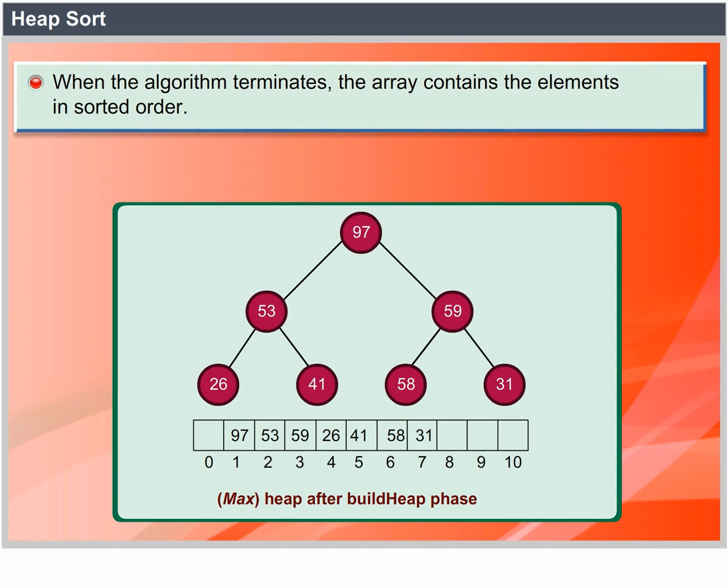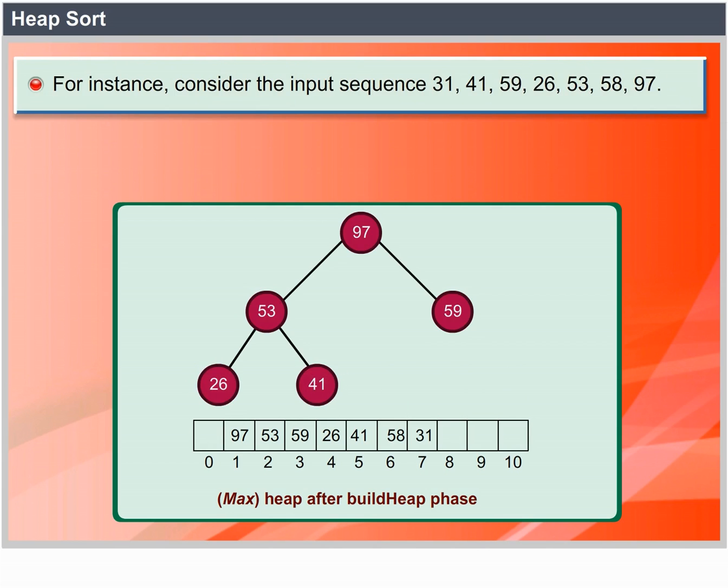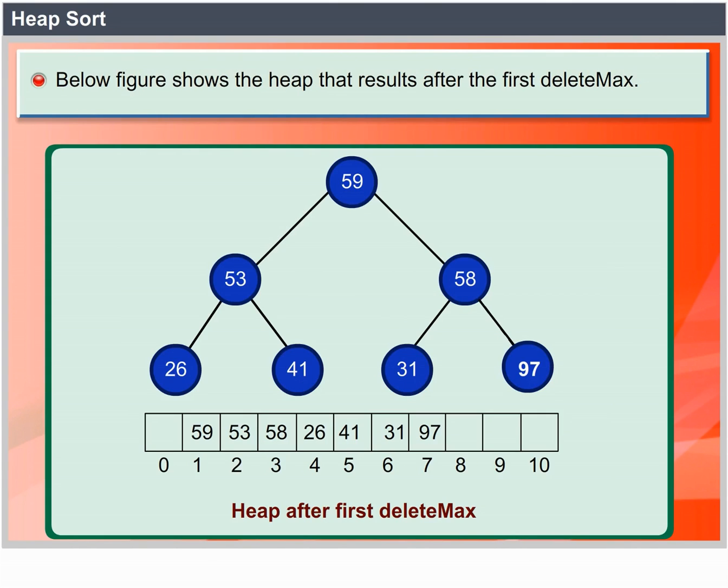For instance, consider the input sequence 31, 41, 59, 26, 53, 58, and 97. The resulting heap is shown in the figure below. The figure below shows the heap that results after the first delete max.